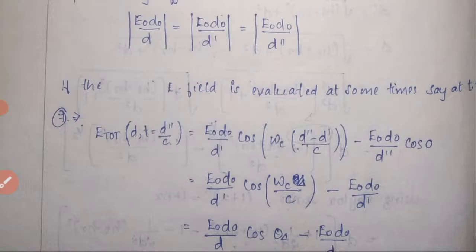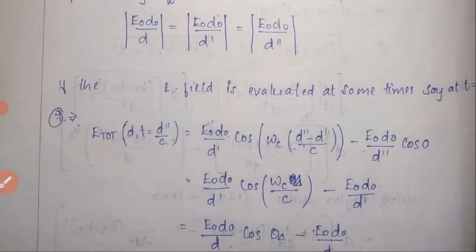So we have E naught d naught by d dash cos omega c into d double dash minus d dash, which is the path difference, and we denote it as del, so omega c del by c, minus E naught d naught by d dash into cos 0, which is 1. In the next equation we assume d dash as d. So that is equal to E naught d naught by d cos theta del minus E naught d naught by d.